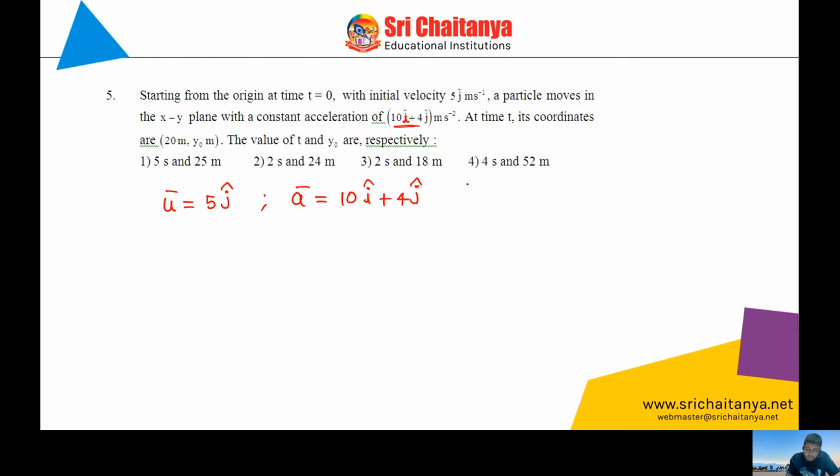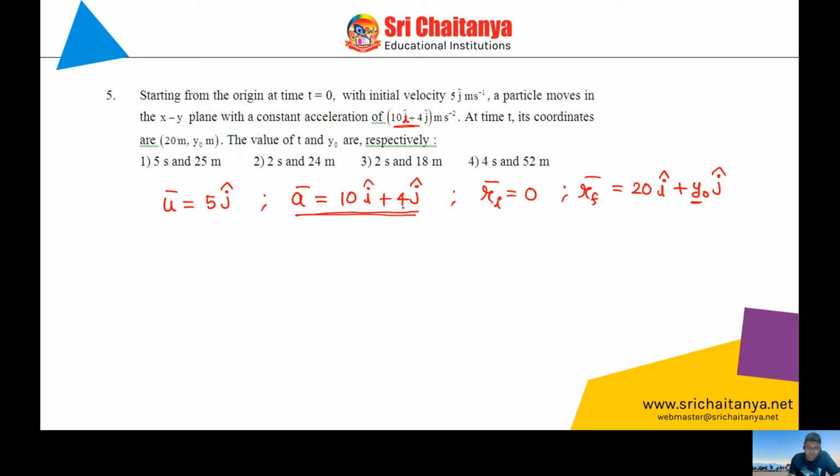And its initial position, let me write it as ri, is given to us as simply 0, and rf has been given to us as 20, y naught. So I will write it as 20 i cap plus y naught j cap. So all these things are given to us, and we are required to find out the time and the value of y naught.